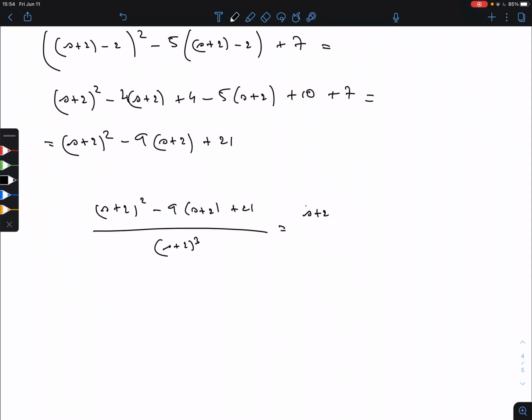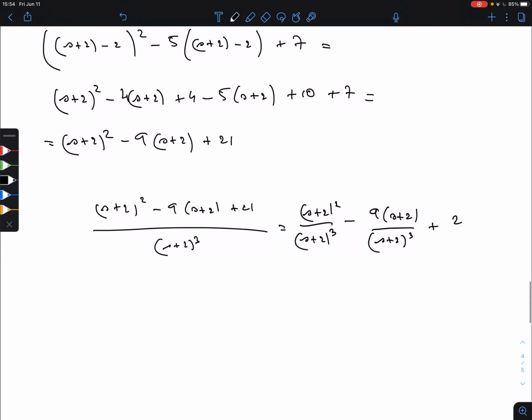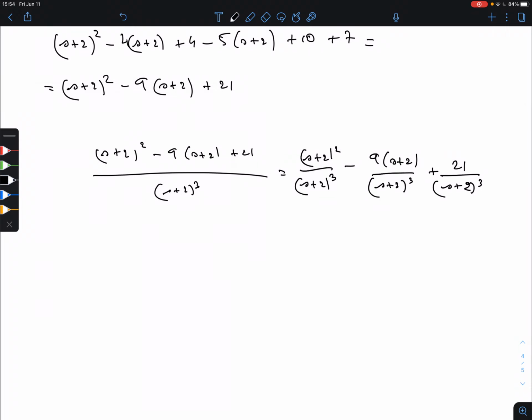I'll write it up one more time so you see what happens, and you get 21 over s plus 2 cubed. Now the cancellations that we are expecting: this cancels completely and there's a 1. This cancels, and there comes a 2, and of course there's no cancellation there.